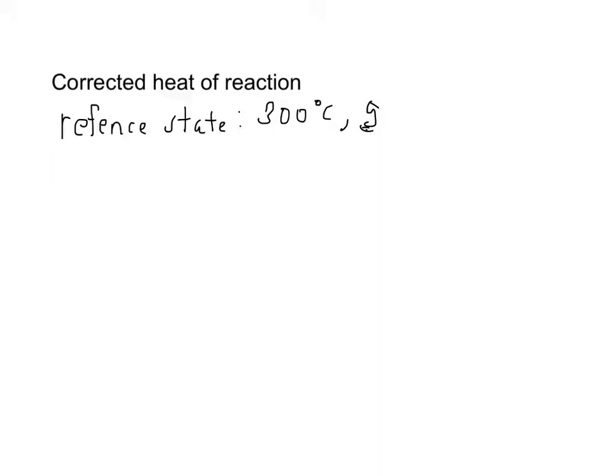So what I'm going to do is create a hypothetical path. Let me just write symbols here: 4A plus 5B goes to 4C plus 6D.